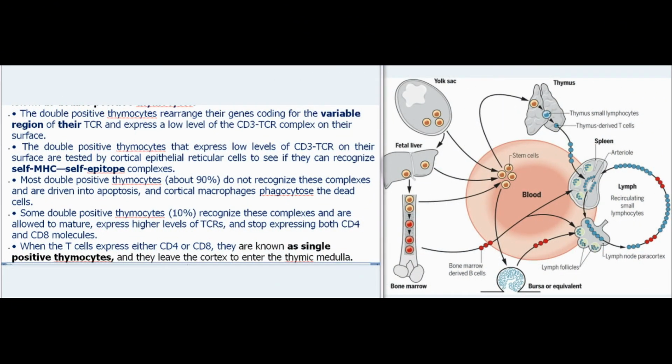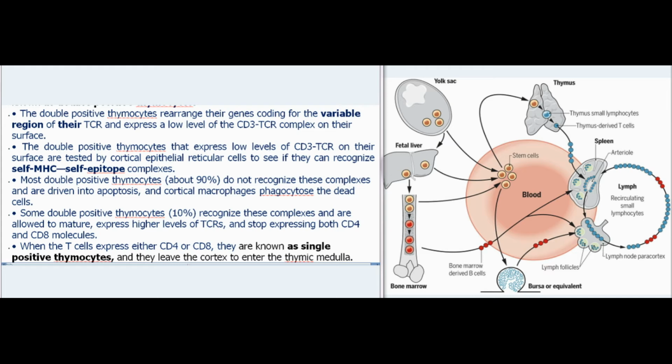As the double-negative thymocytes move deeper into the cortex, nearer the medulla, they express, and then suppress, other proteins on their surface. These double-negative thymocytes express pre-T cell receptors, pre-TCRs, that cause the cells to proliferate. These newly formed thymocytes express CD4 and CD8 molecules and become known as double-positive thymocytes.